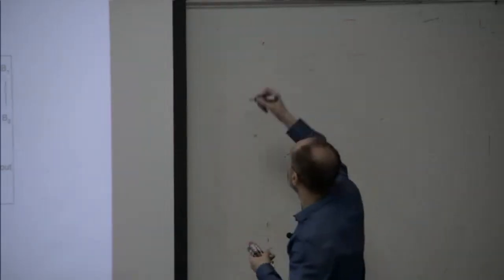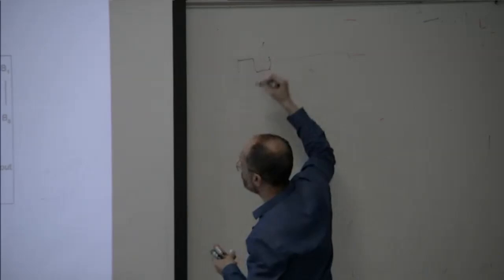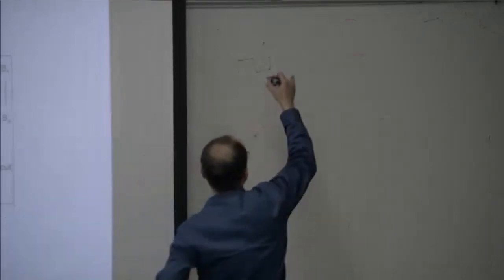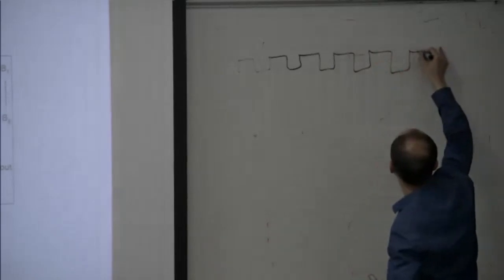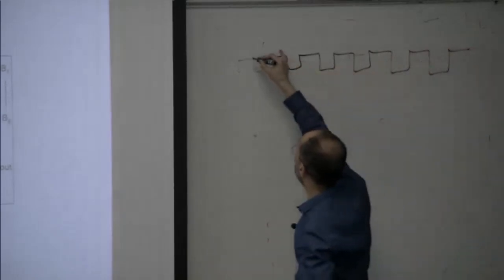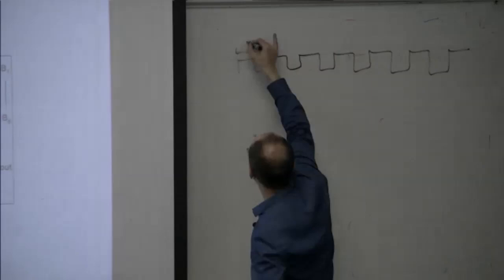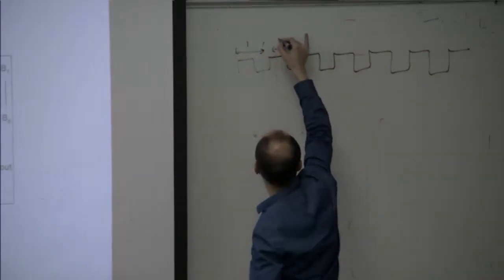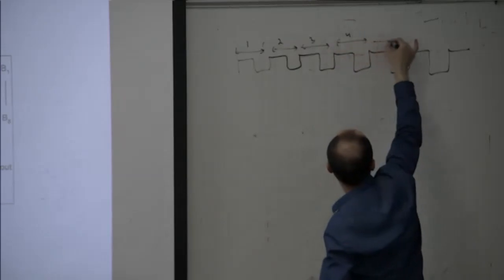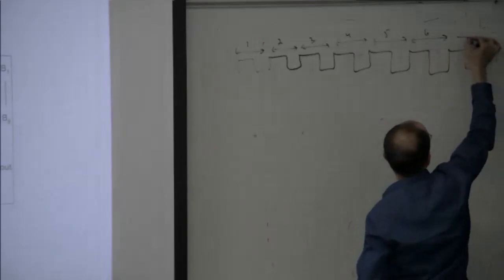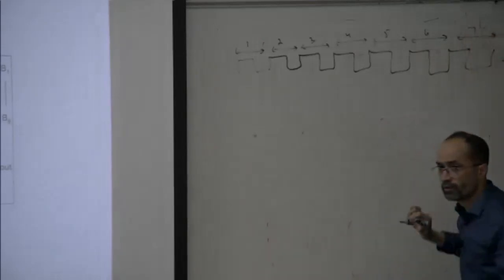Assume that we have a clock signal. Can you see the clock signal here? Okay. Now this is pulse number 1, then 2, 3, 4, 5, 6, and 7, and it will continue on.